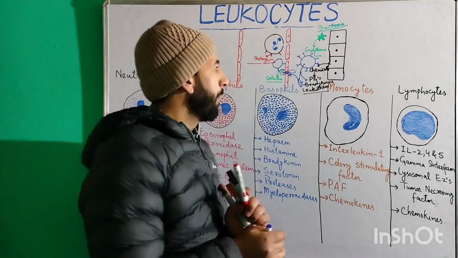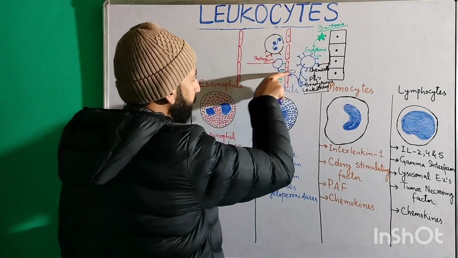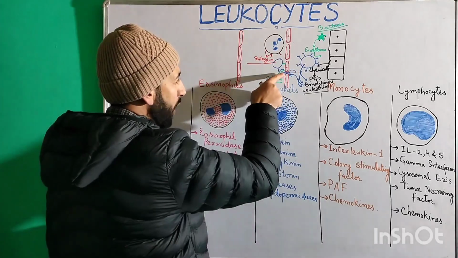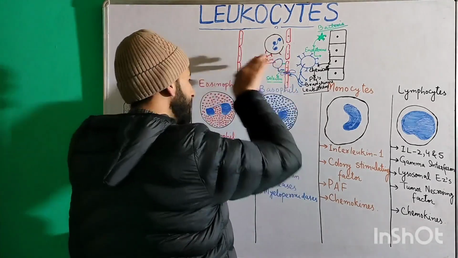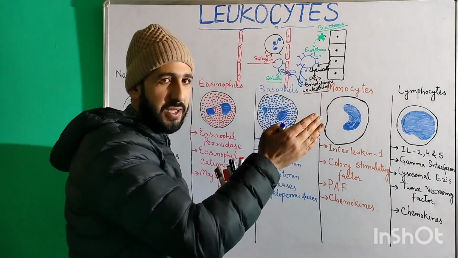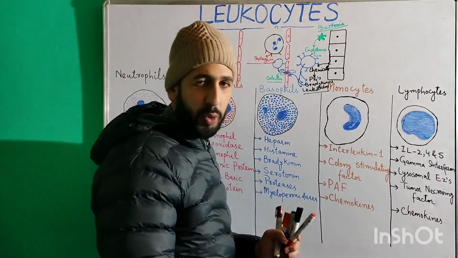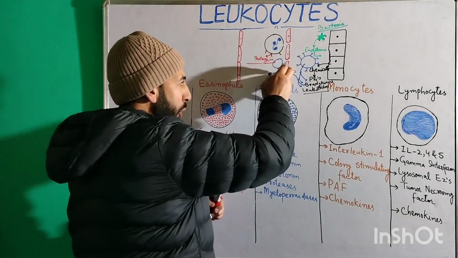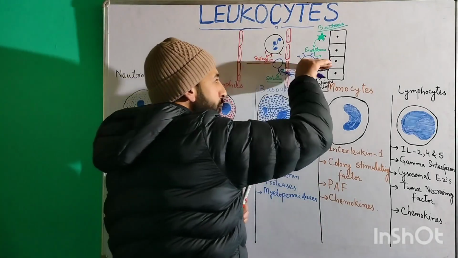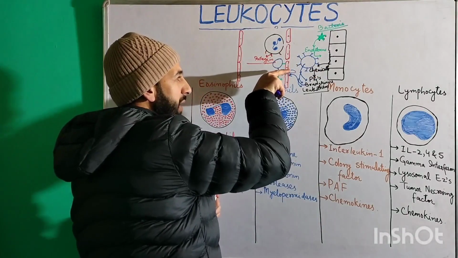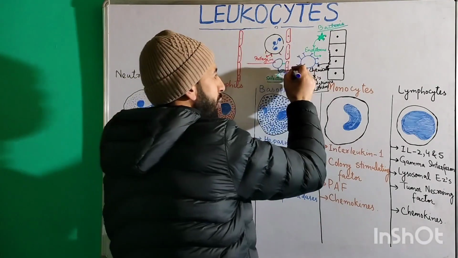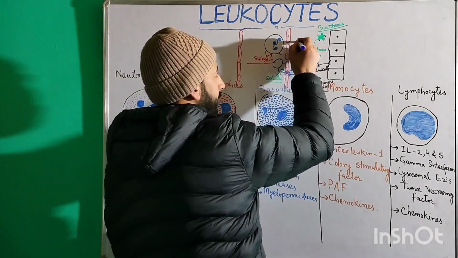Right, now this process by which these WBCs, most importantly the neutrophils, which will be followed by the macrophages, which will be followed by the monocytes, are coming out into the tissue site through these smaller gaps in between the endothelial cells, this process is called diapedesis.